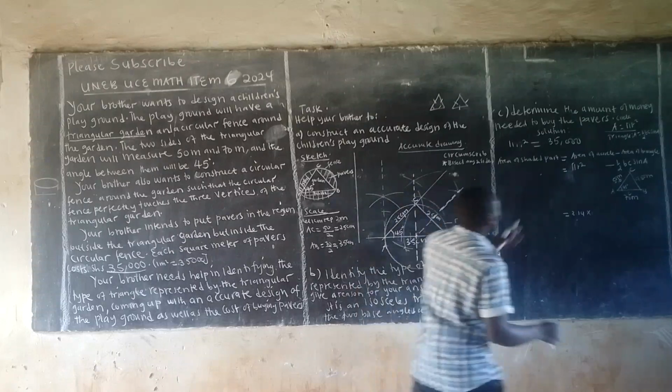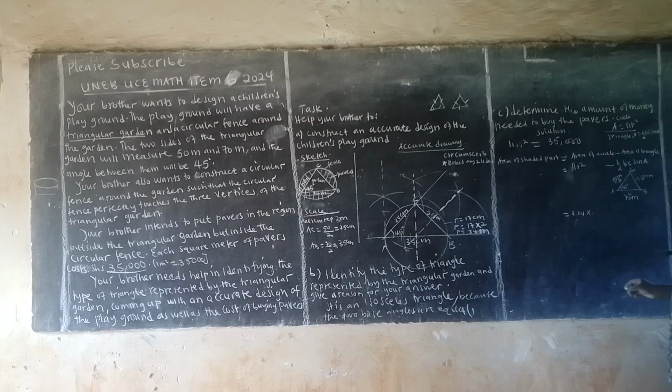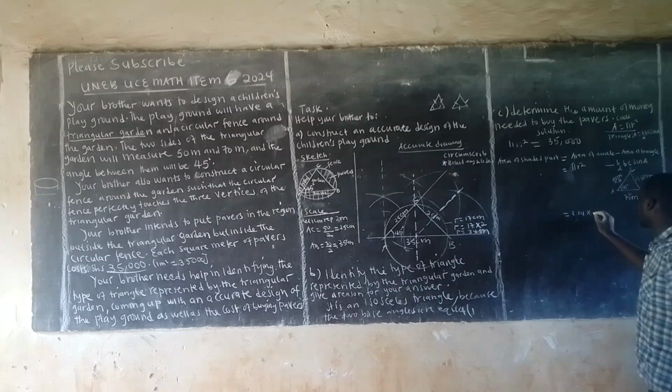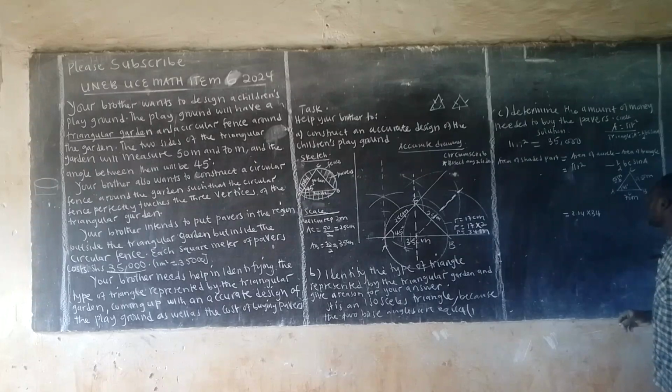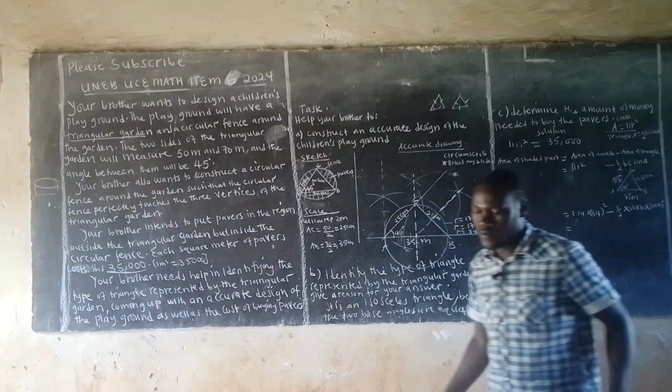Why? Because we are calculating everything in meters. Okay, so now our radius is 34 meters. 3.14 times 34 squared, minus a half times our b is 50 times our c is 70 times sine of A, that is 45. Which answer are we going to have?